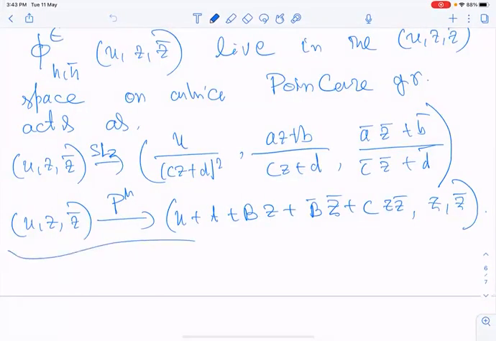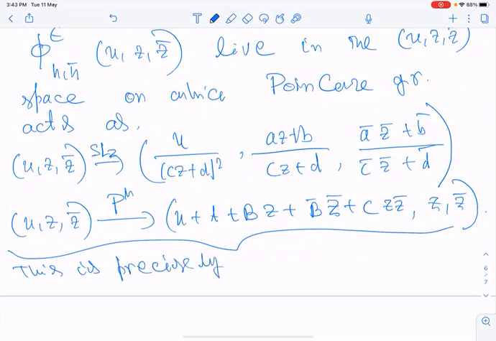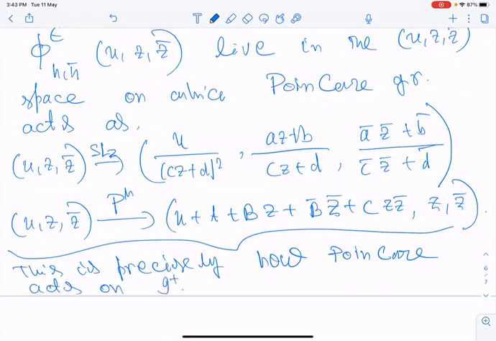So this is precisely how Poincare acts on future null infinity, scri plus. Okay, so that is the important point actually.